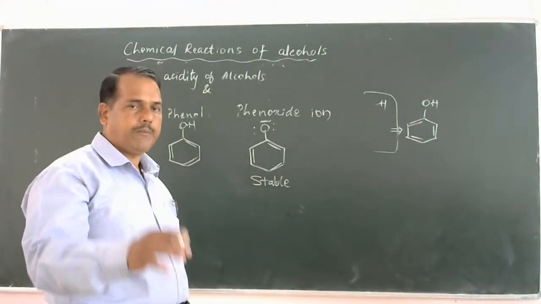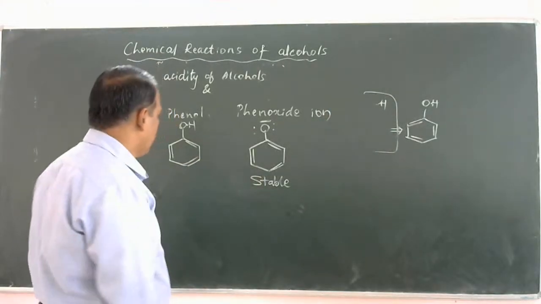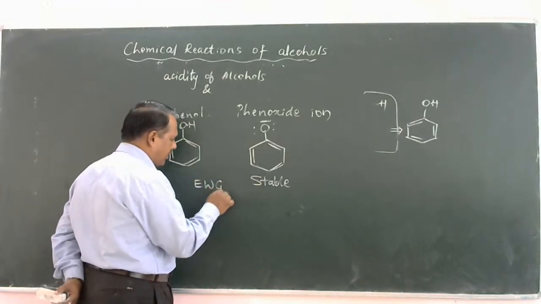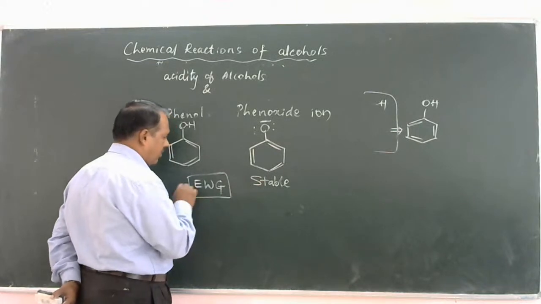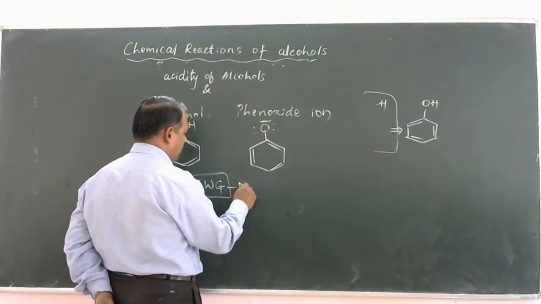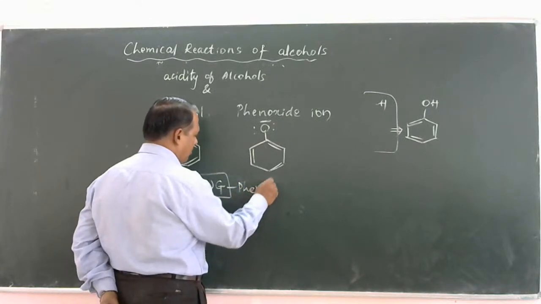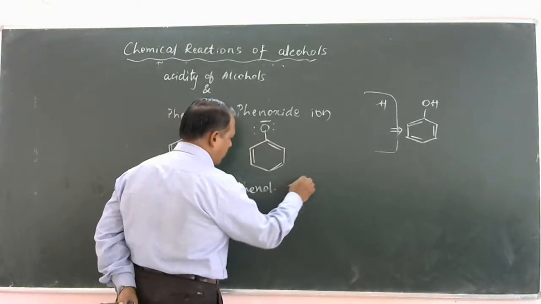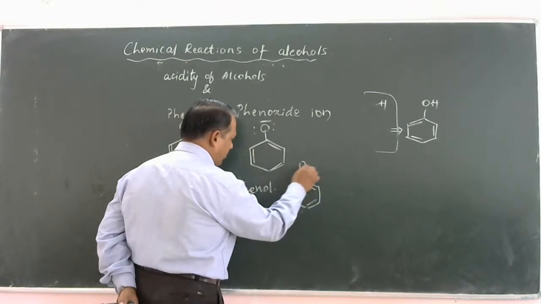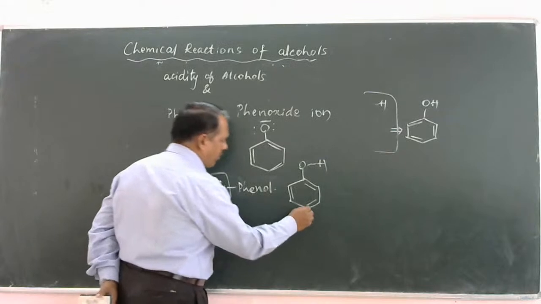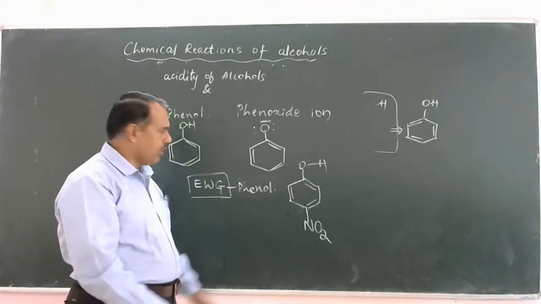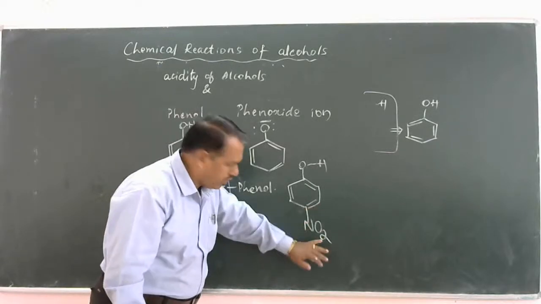So I will repeat again. See, electron withdrawing groups on phenol. This is phenol, with electron withdrawing groups like NO2 there.